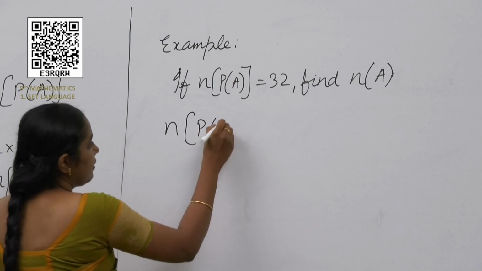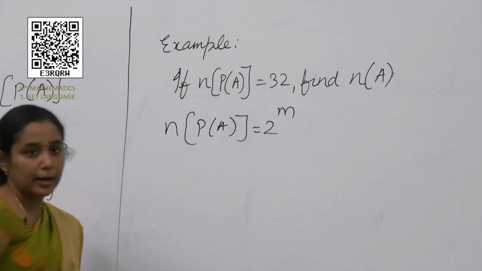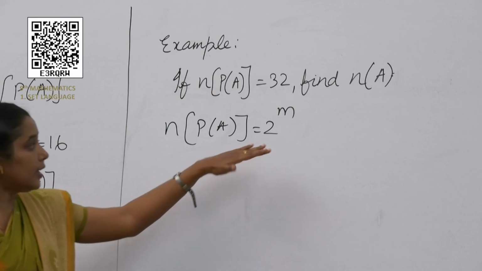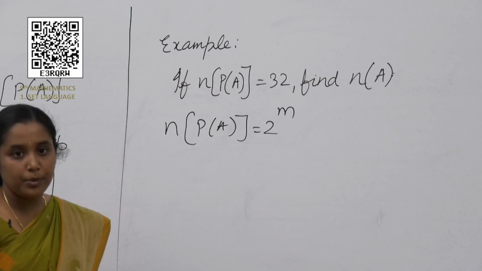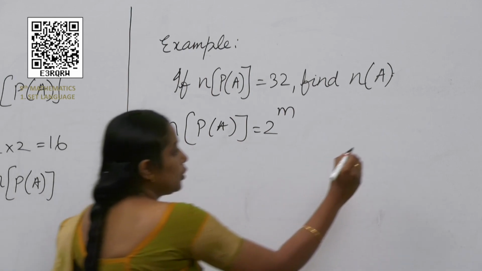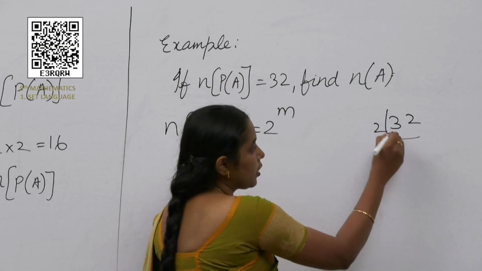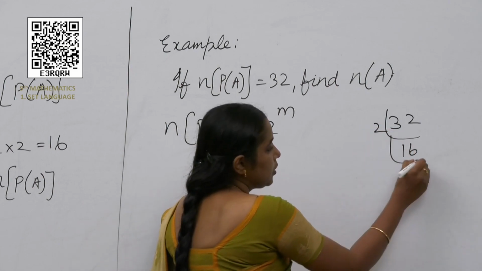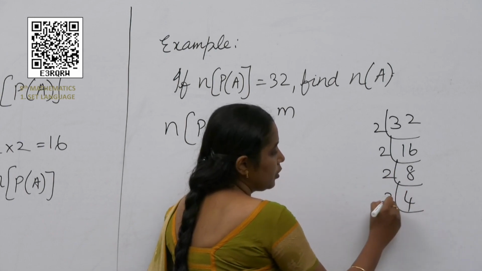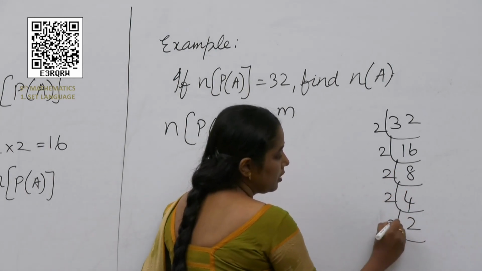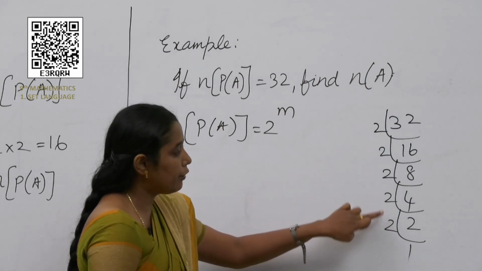Number of elements in the power set is equal to 2 to the power m. So you have to write it in terms of base 2. So 32 you divide it by 2, and see what you will get here. 16. So next one 8, next 4, 2, 2. So how many are there? 1, 2, 3, 4, 5.